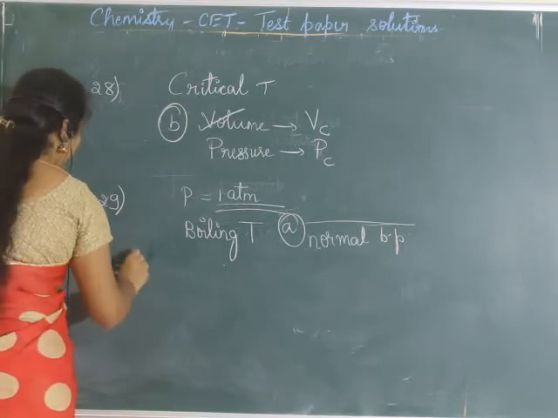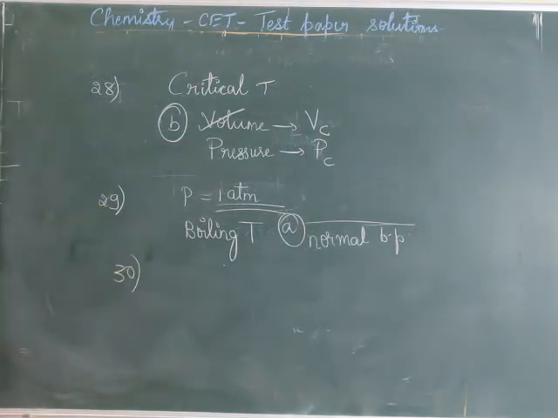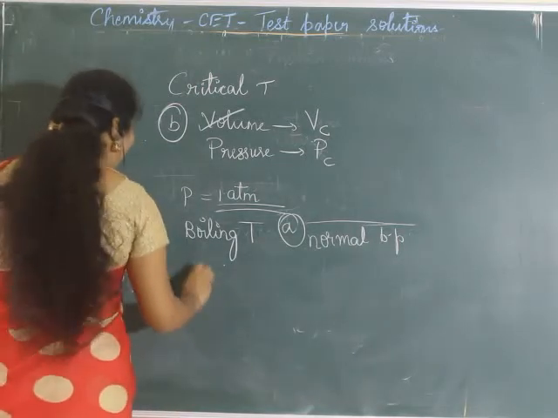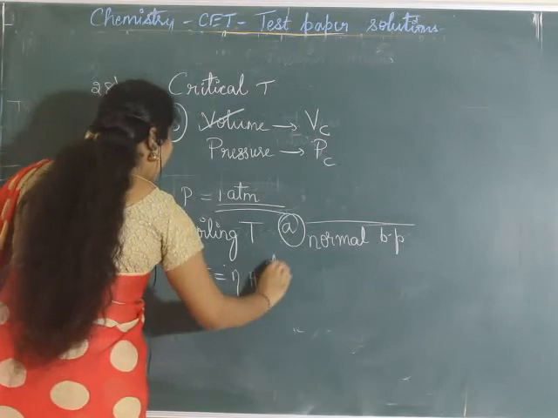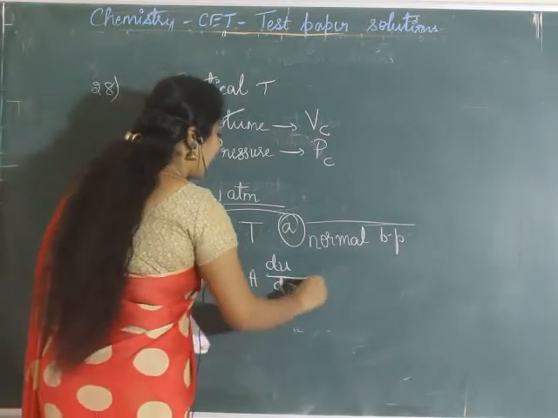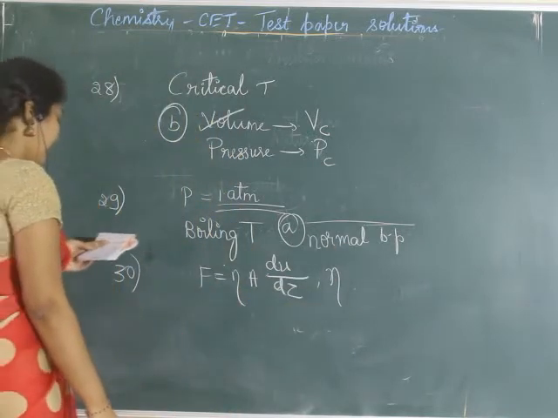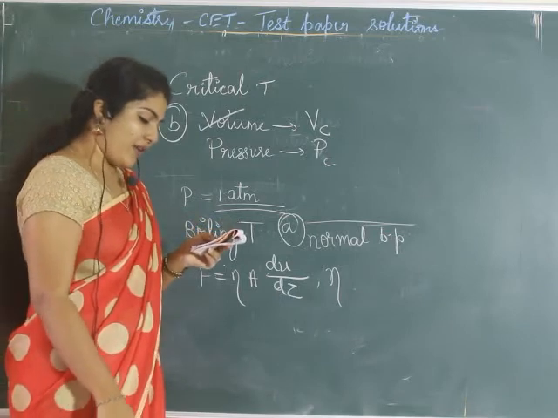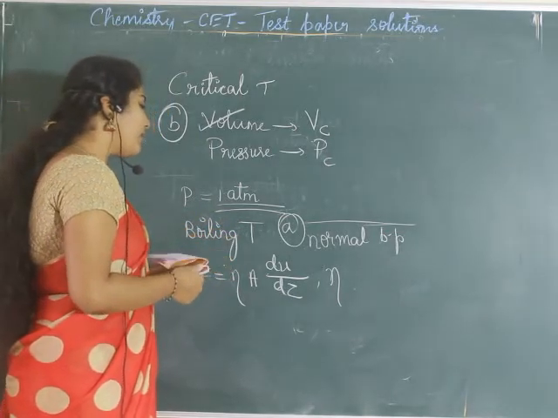Last question. In F equals eta A du by dz, what does eta denote? Velocity gradient, laminar flow, coefficient of viscosity, none of these.